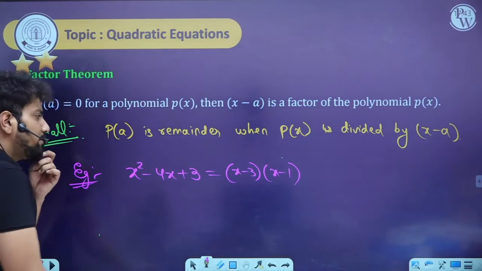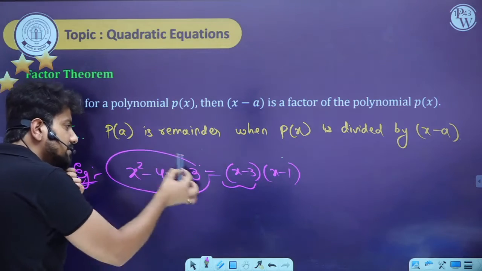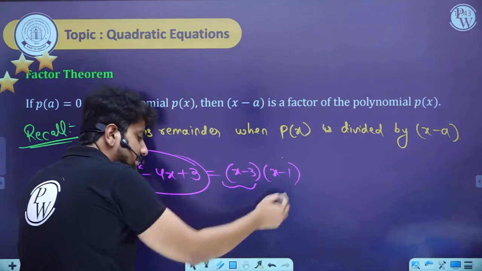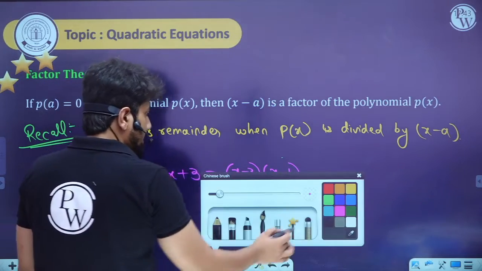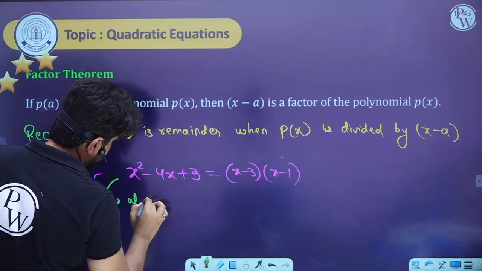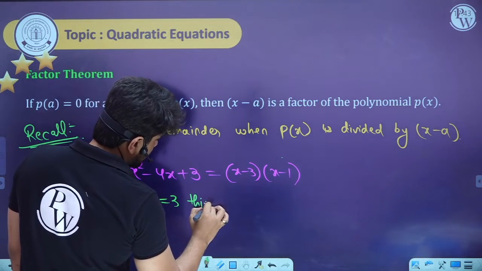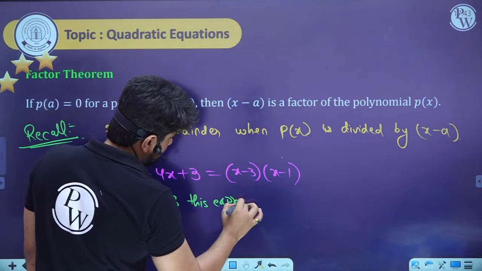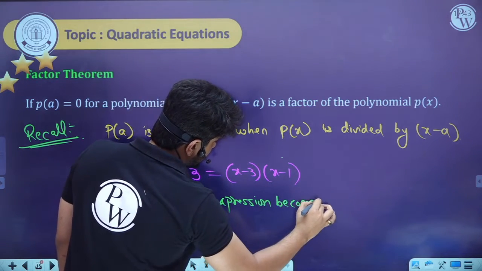See, when I put x as 3, this expression becomes 0. At x is equal to 3, this expression becomes 0.